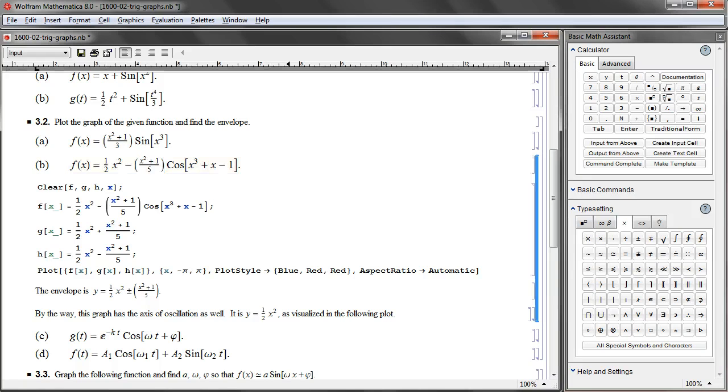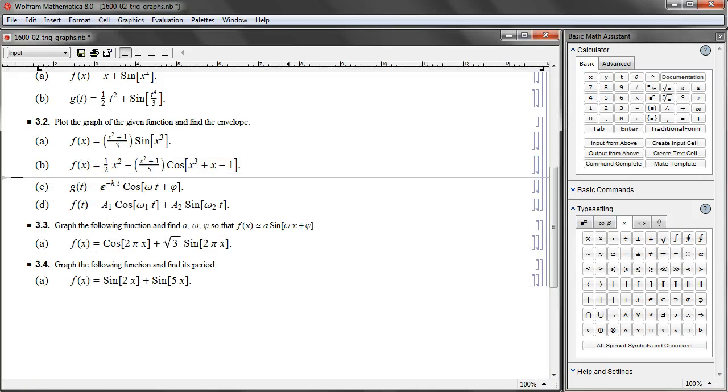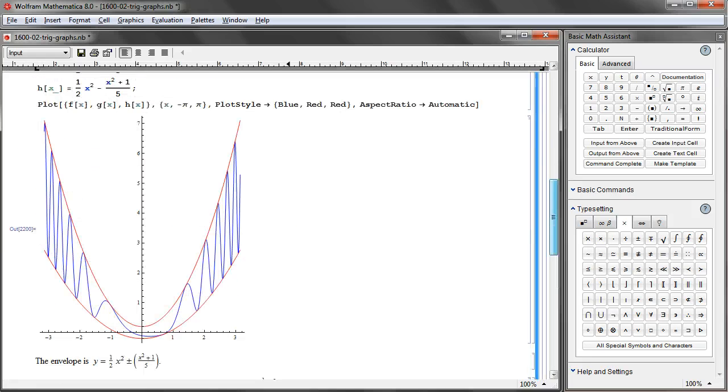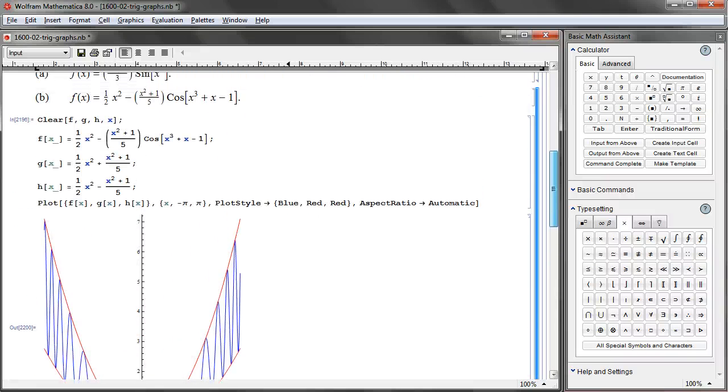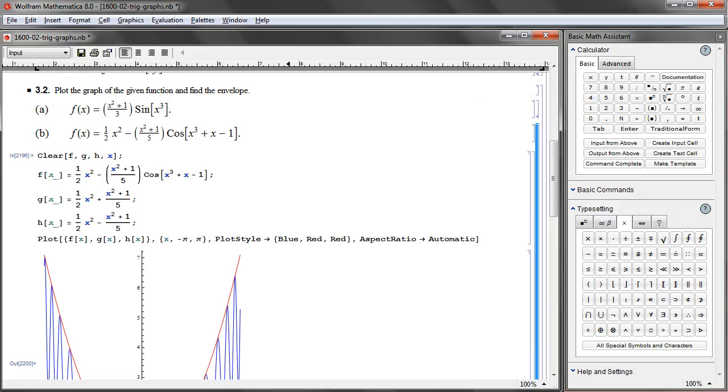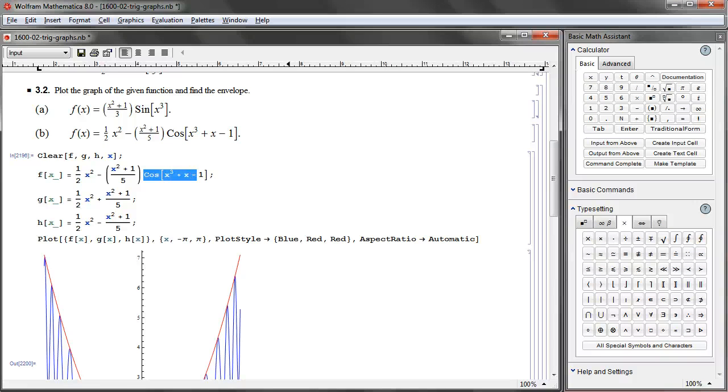Let's see. Okay, all right. And then 1/2 of x squared, that's going to be a parabola. And then cosine of x, this cosine part will become as big as +1. So this one times that.